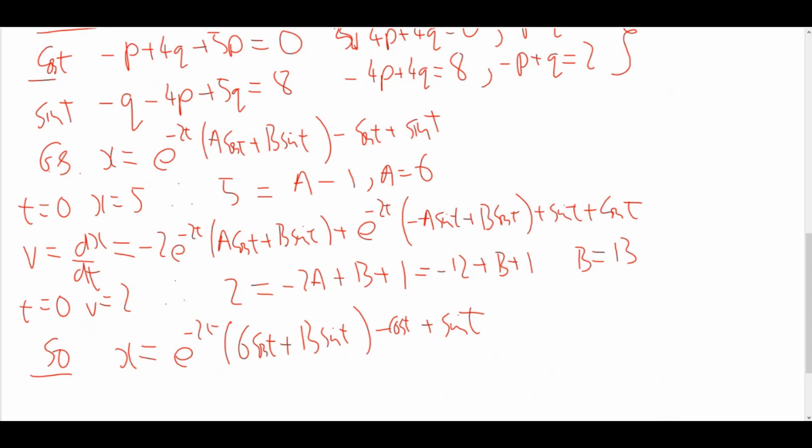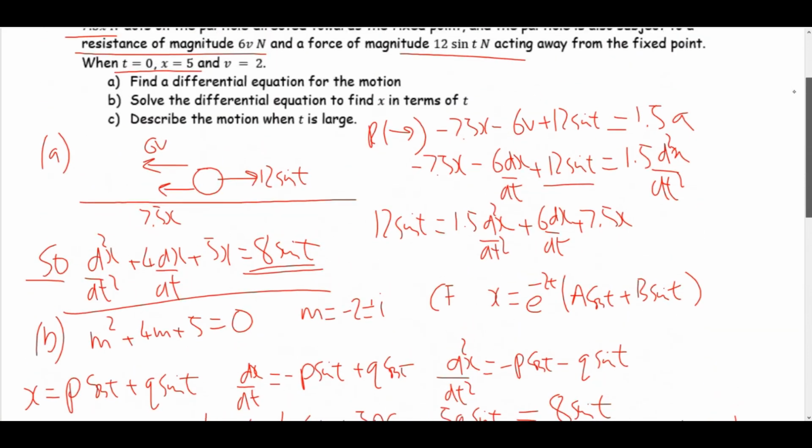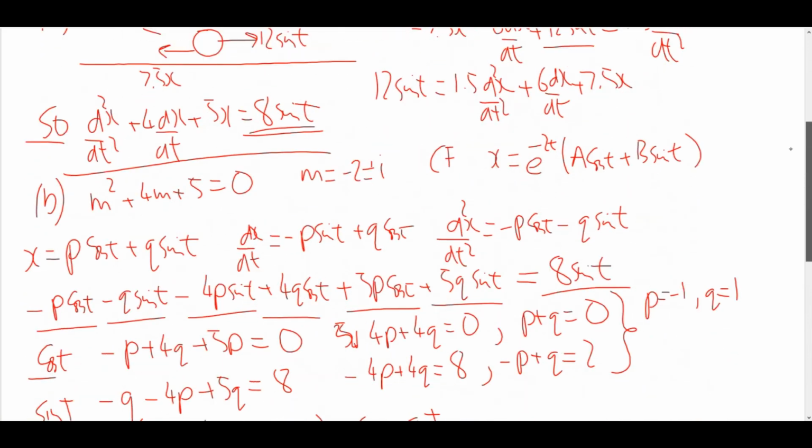That's the particular solution. Now, that's as much work as you can possibly be asked to do, surely, for a question of this type. The last part says, describe the motion when t is large.